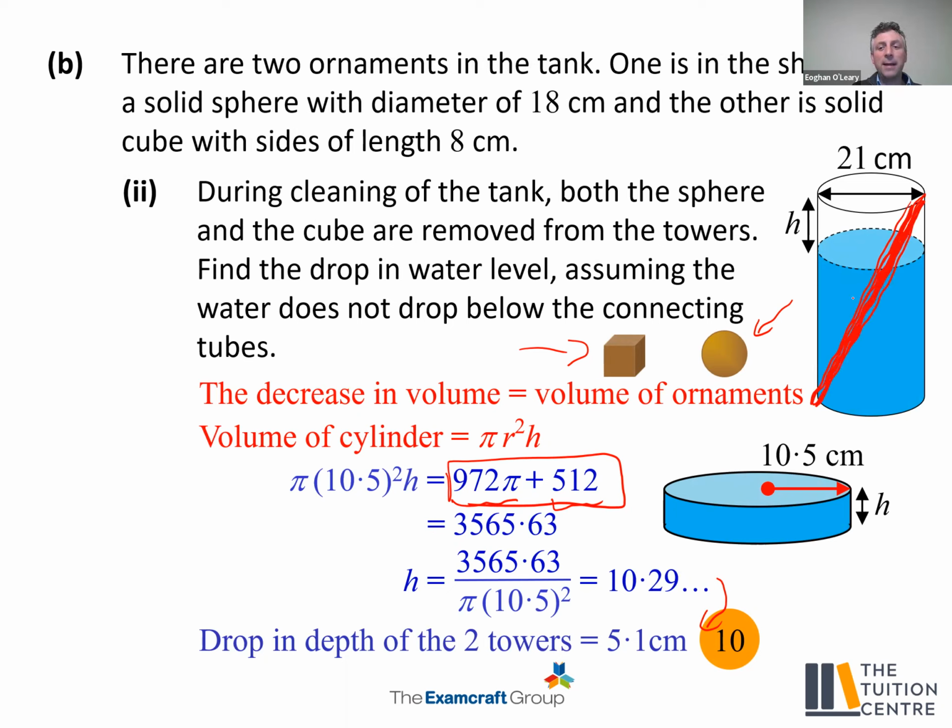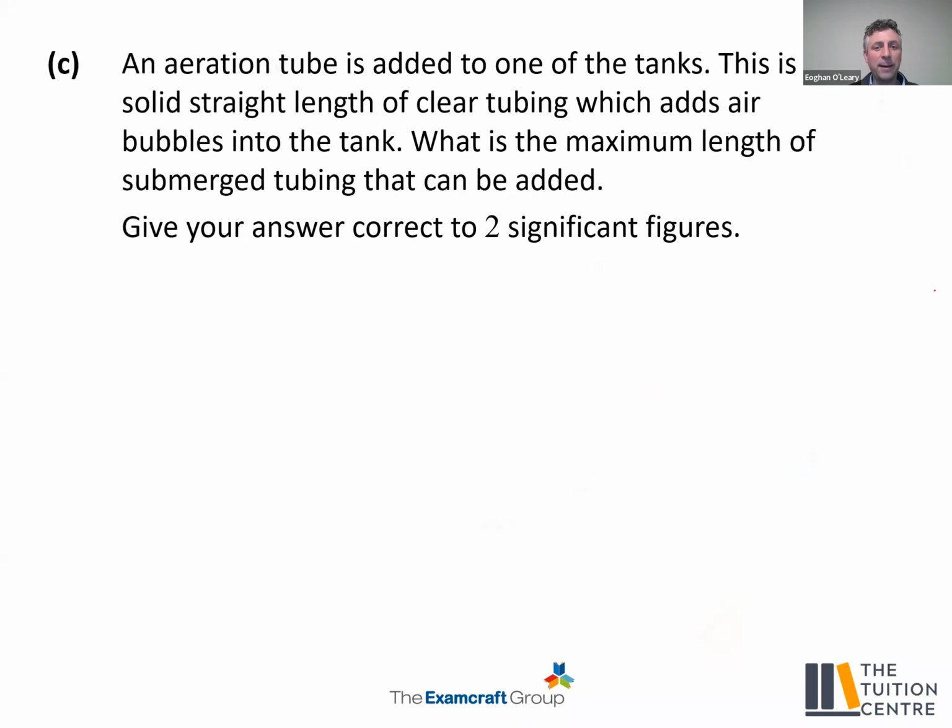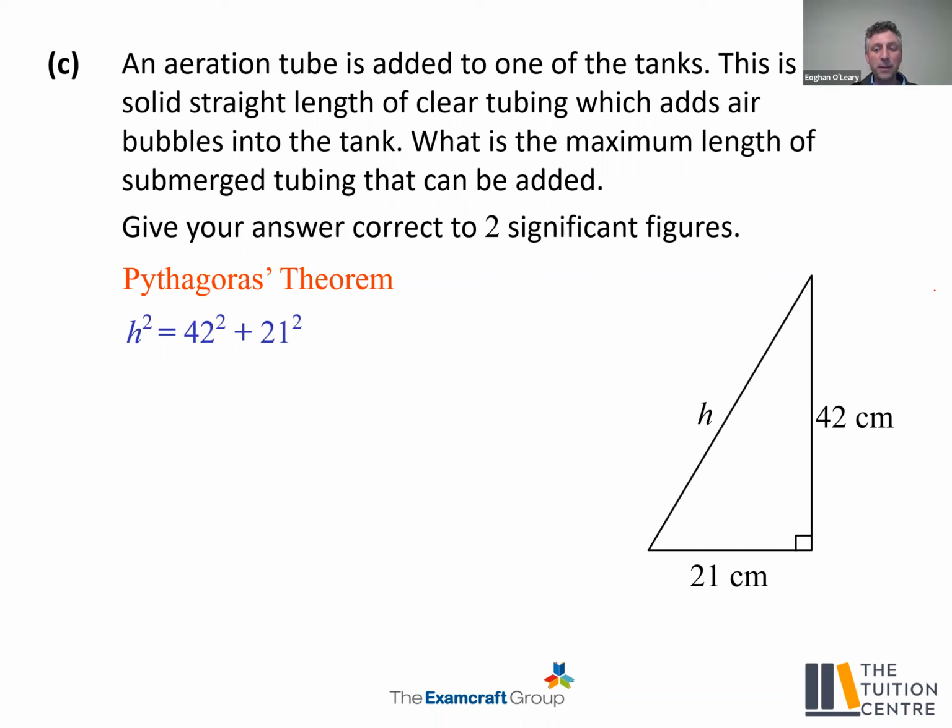And we know then that the base here straight across is 21, and we know the height is 42. So we can use Pythagoras' theorem to figure out, in this case, we're calling it h here, the slant height, that diagonal length, and it's a right angle triangle because it's horizontal meeting vertical.